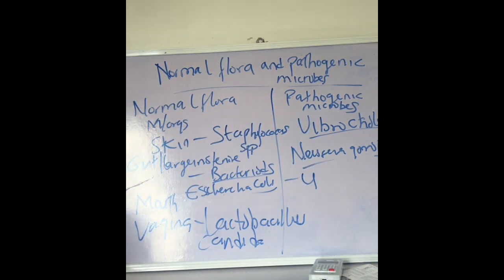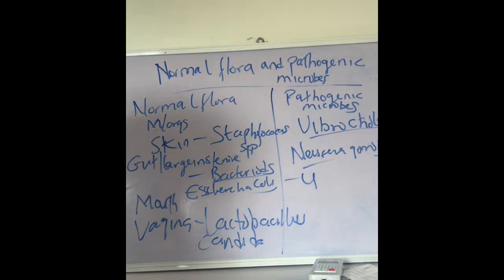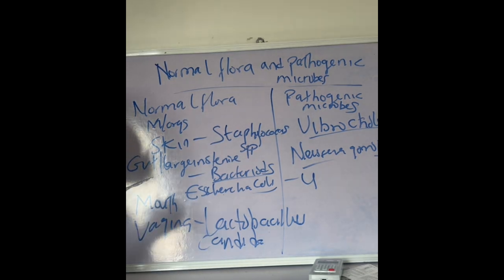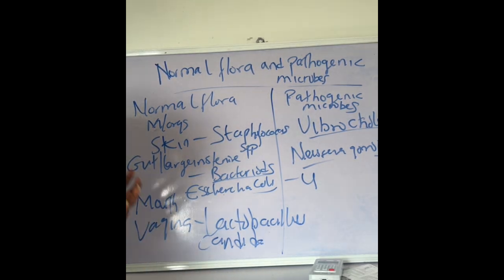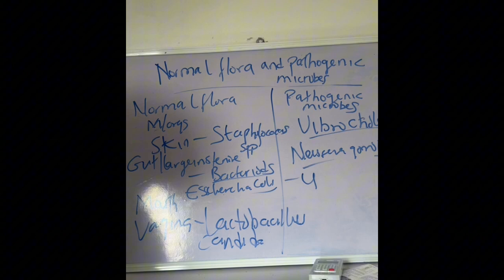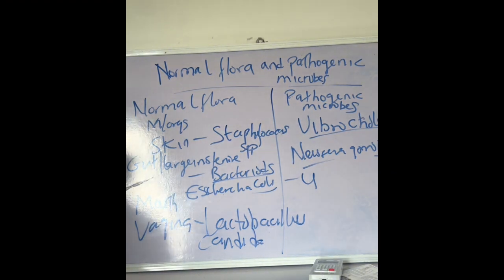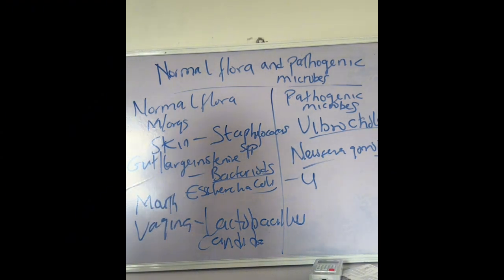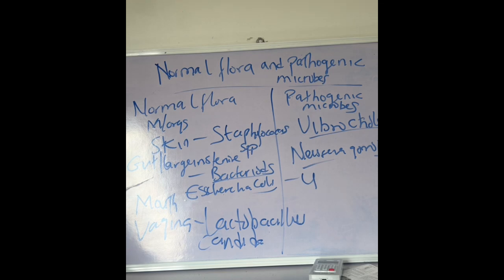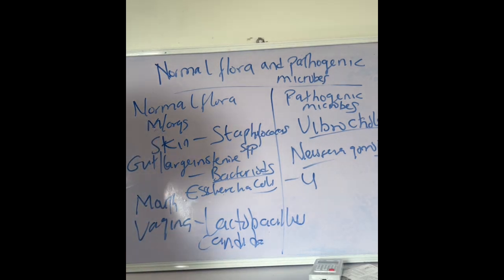Now, the next factor is balance. There's a reason why we have the normal flora, because one of its functions is to compete with pathogenic microbes for attachment sites and nutrients. But when there is an imbalance of that normal flora, let me use the vagina as an example.